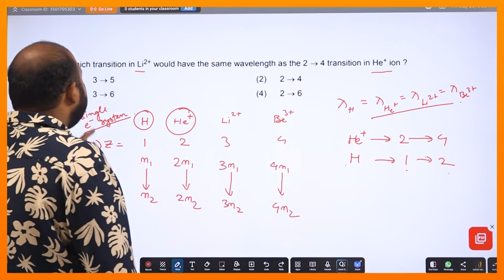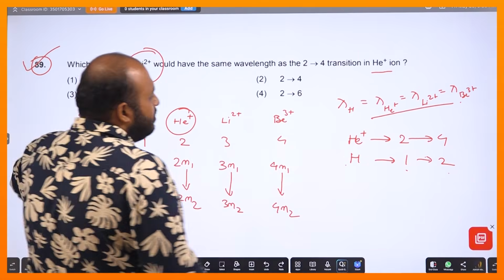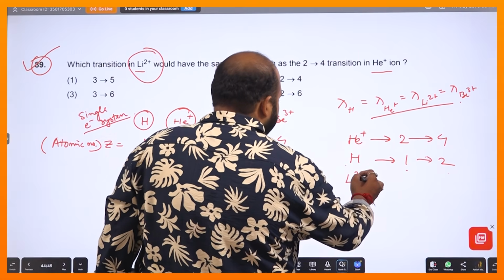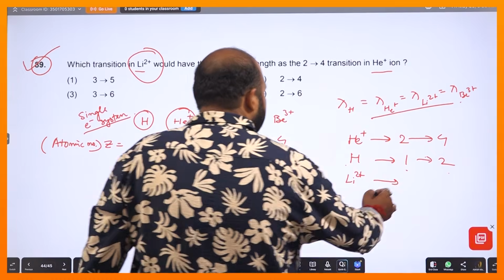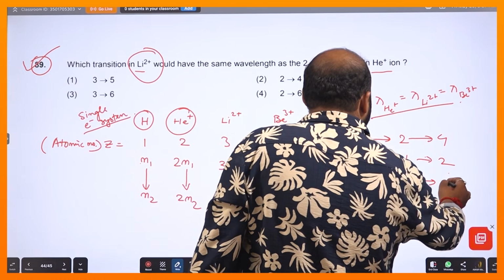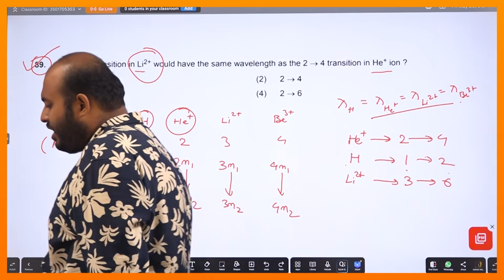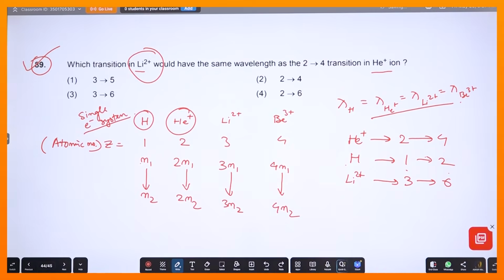And if it has asked for lithium 2 plus, it will be multiplied with the Z value, that is the atomic number of lithium, that will be 3 to 6. So this is a shortcut method to calculate the transition.